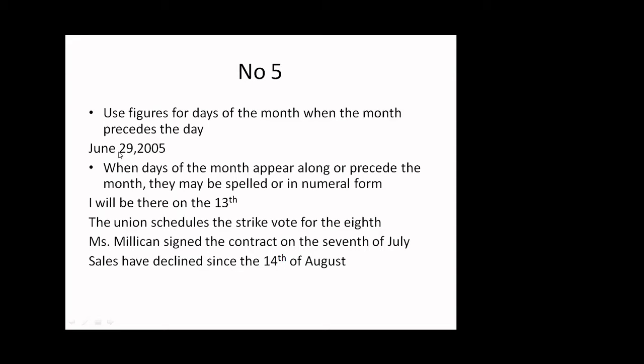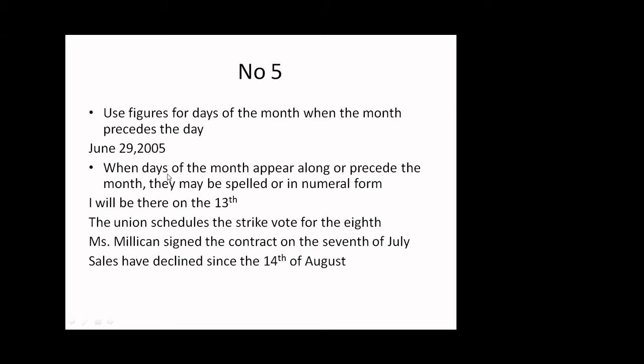So you are writing June 29, comma 2005. June will be spelled out, and the date will be in figures. So use figures for the days of the month when the month precedes the day. So this is one part of it.